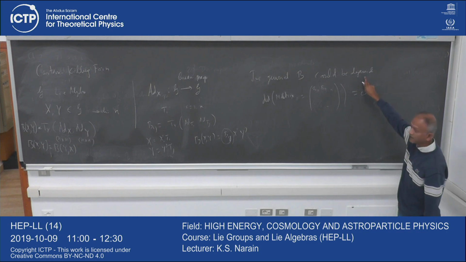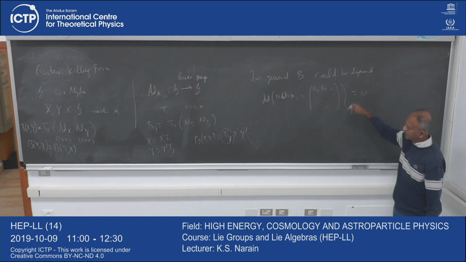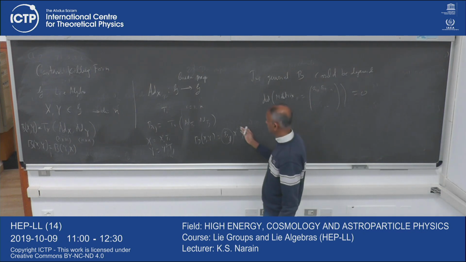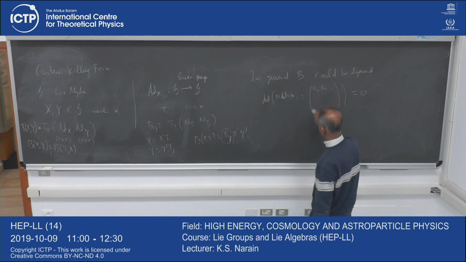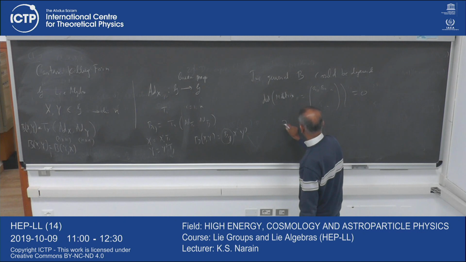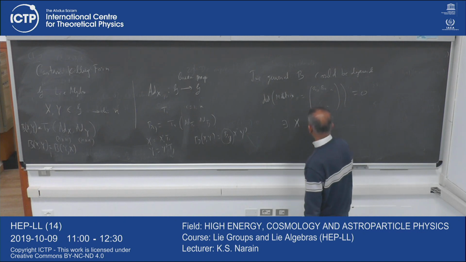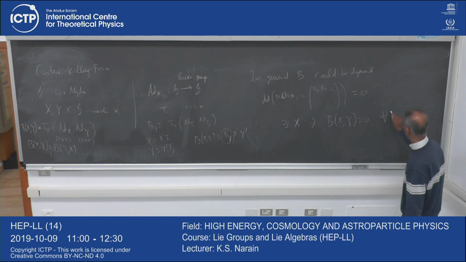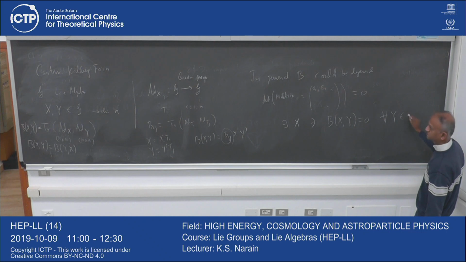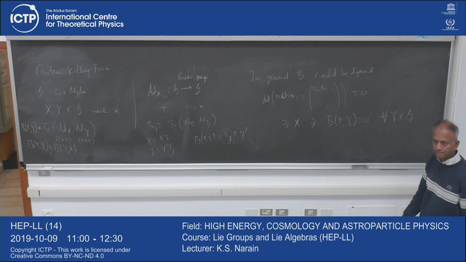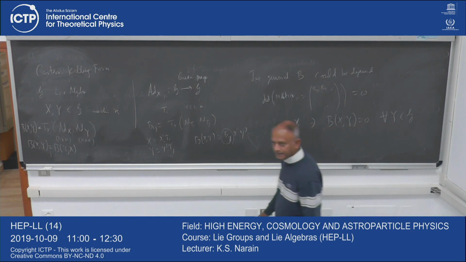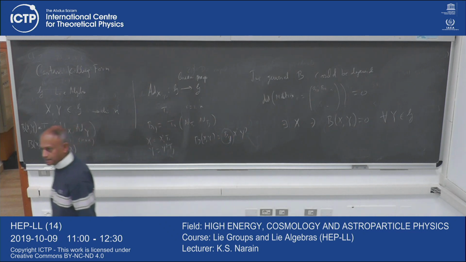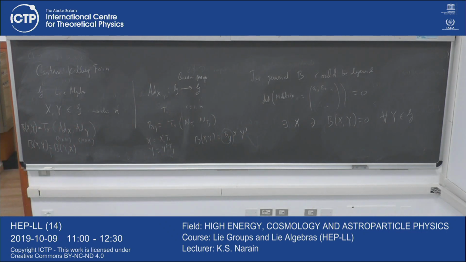That is what will be degenerate. Or in a more invariant way, without choosing any basis, one can say equivalently that if it is degenerate, that means there exists some x such that B(x,y) is equal to 0 for all y belonging to G. That's an equivalent way of saying it.